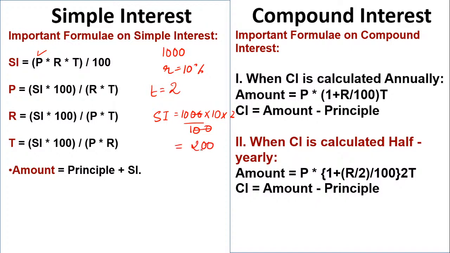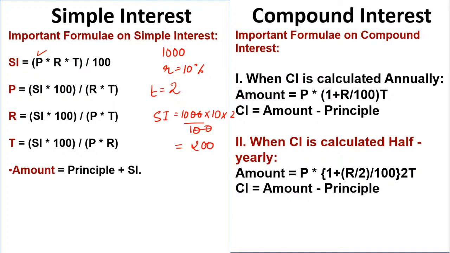And what is the amount? Amount is the principal plus the simple interest. So what is the principal? Everybody tell me. Principal is the amount that we are investing. Rate means how much percentage we are investing.